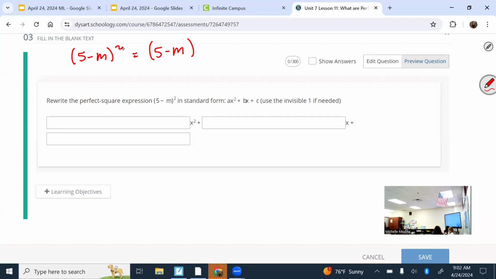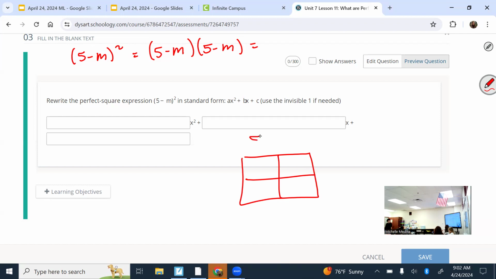Remember that exponents tell you to multiply the base by itself. So it's 5 minus m times 5 minus m, like that. And then you could FOIL, double distribute, box method, whatever you like better, and then get your answer. I'll show you box method. So 5 minus m and 5 minus m. What's 5 times 5?